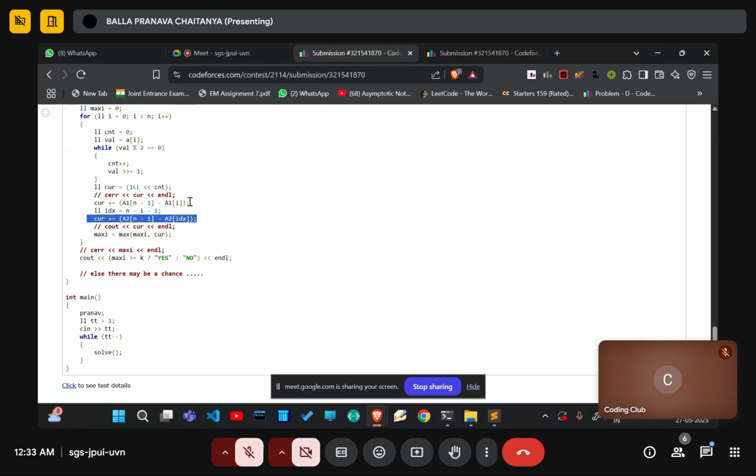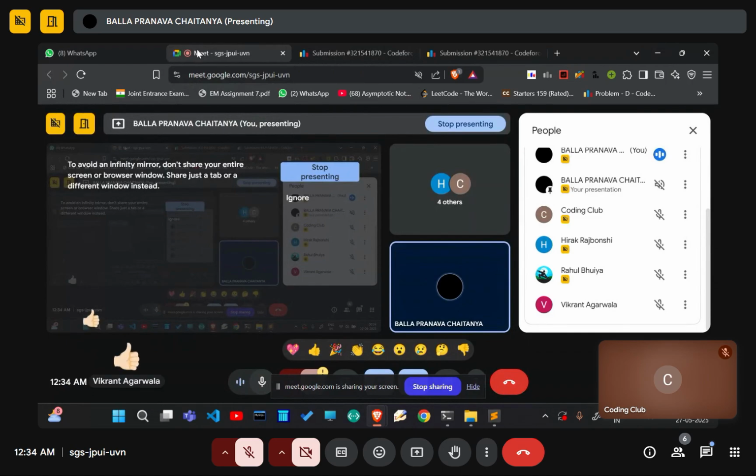That's the total maximum operations it can cost, and I've taken the maximum. If the maximum is greater than k, the answer will obviously be possible, because maximum operations greater than k means we can somehow make adjustments to reduce operations, so we can always build that array. So I hope this was clear.